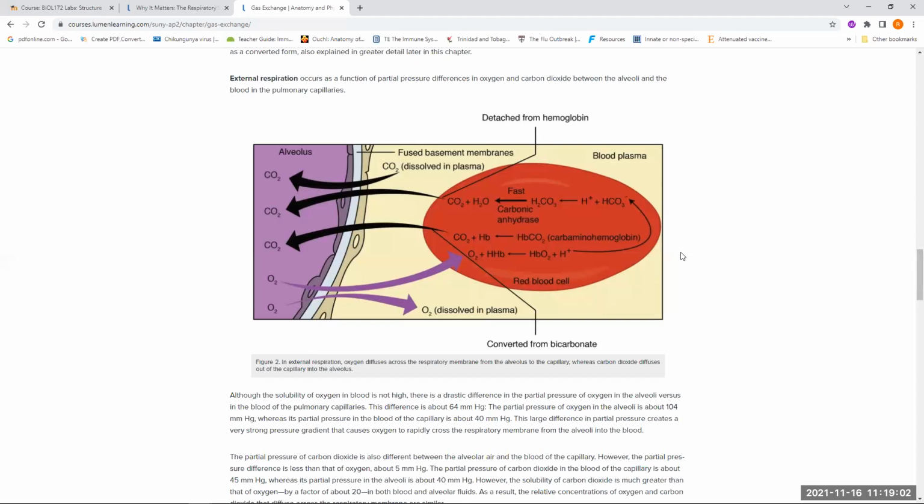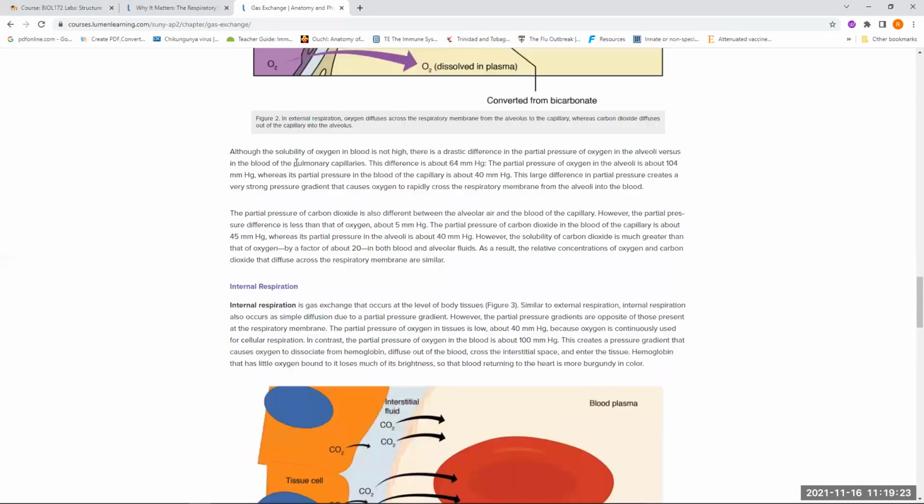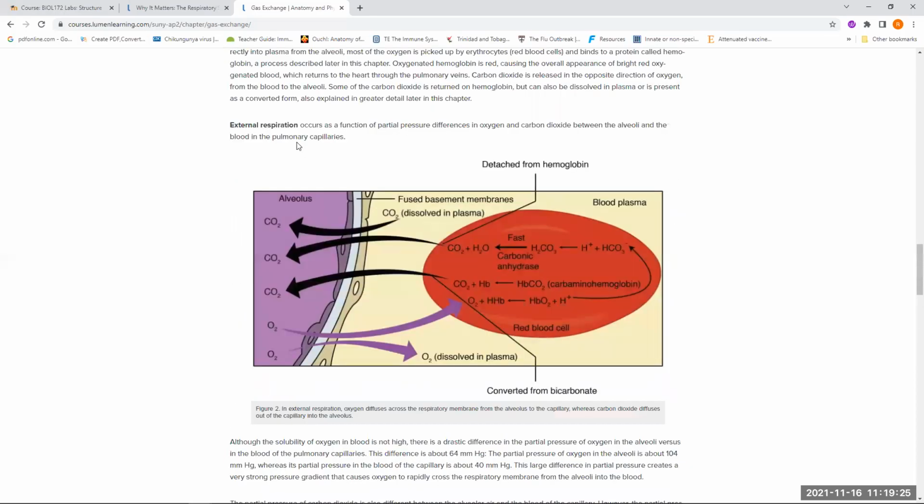And the reverse happens. The blood goes back to the capillaries. When it reaches the capillaries, it diffuses across the membrane and gets into the alveoli, from the alveoli into the bronchioles, bronchioles to the bronchi, bronchi to the trachea, and then we breathe it out. We good? All right. So external respiration refers to the movement of the air, particularly oxygen and carbon dioxide, from the alveoli into the red blood cells, and from the red blood cells back into the alveoli, the CO2.